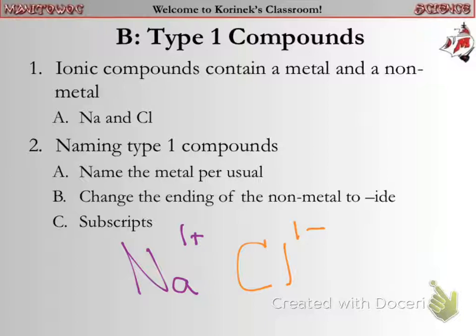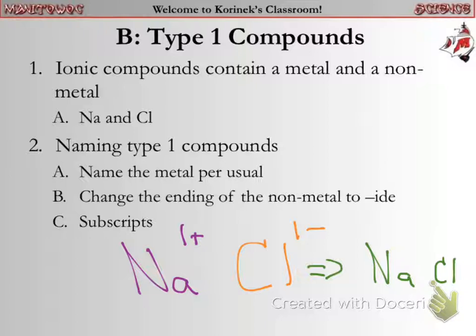You actually would have Na1Cl1. But just to save time, we don't have to write the ones. Just like in algebra, you don't write 1x, you just write x. So we do the same thing in chemistry. So we can just call that NaCl.